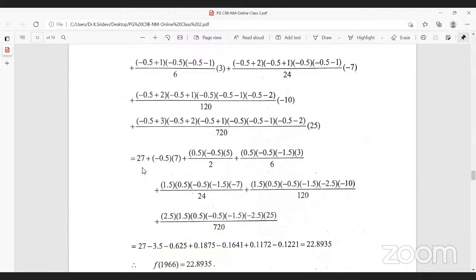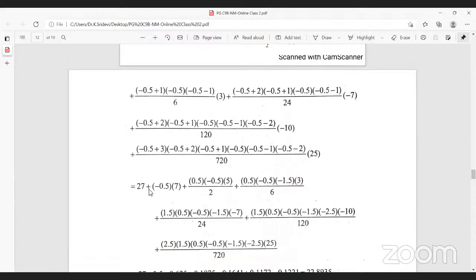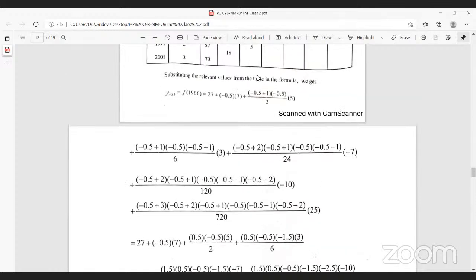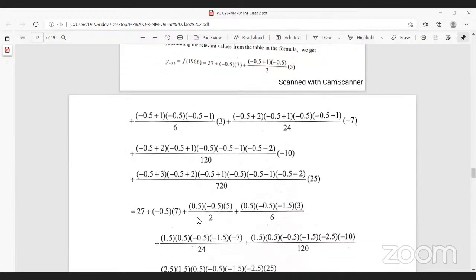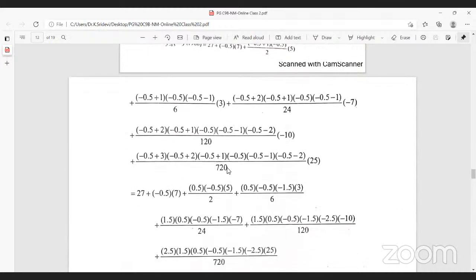Now we can simplify by using the calculator. You have 27 minus 0.5 into 7. What is the third term here? 1 minus 0.5 is 0.5, minus 0.5 into 5 by 2, like this. And the third term is 0.5.